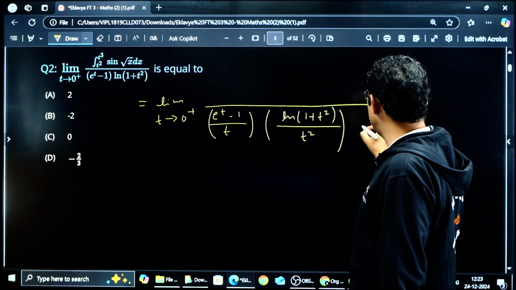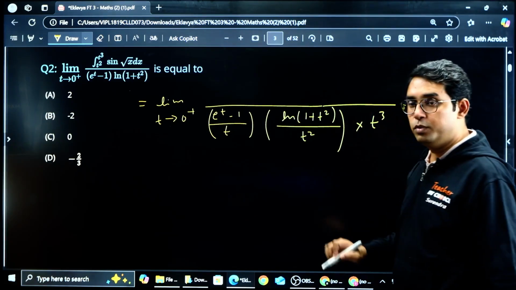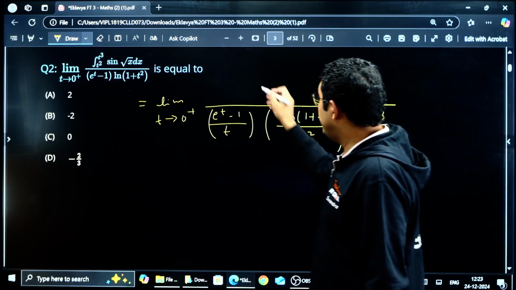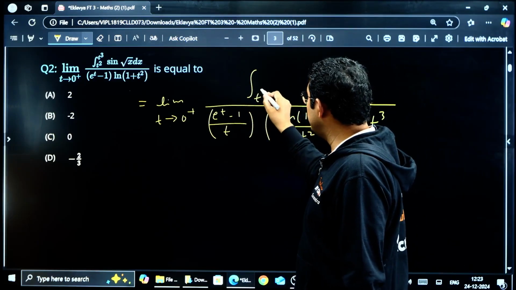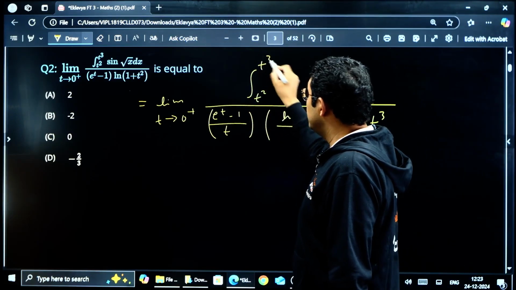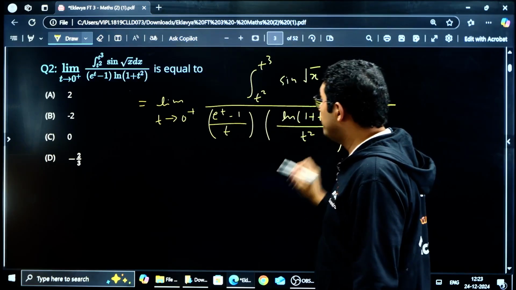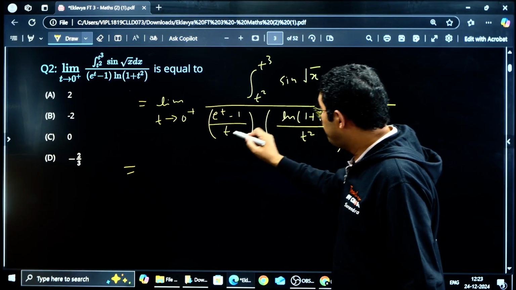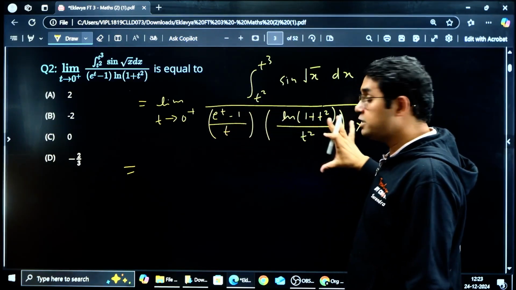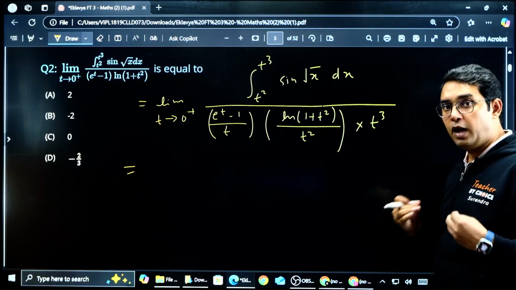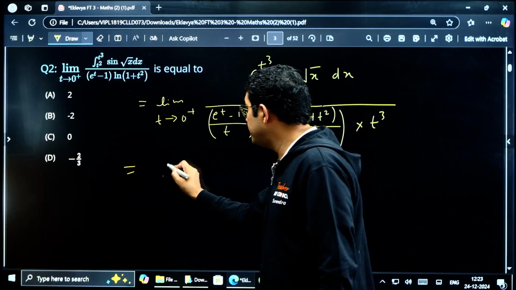But for that, I need to multiply by t cube, so that the division by t and t square is nullified. Whereas in this step, I am not doing anything, just writing the same thing that is given in the question, sine of root x dx. Now, if you put these limits, this will be 1, this will also be 1, so we are left only with t square... in the numerator. Now I will apply the L'Hopital rule.